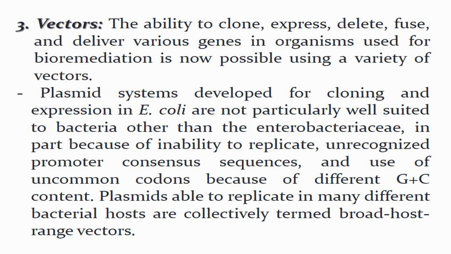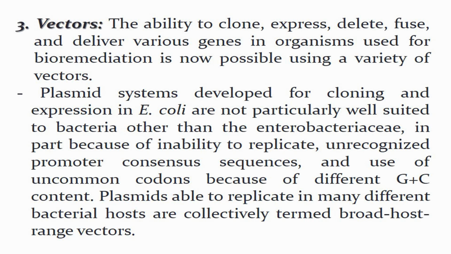You know, a vector is a means of gene transfer within different microorganisms. In such a case, the plasmid systems developed for cloning and expression inside E. coli are not particularly well suited to bacteria other than the Enterobacteriaceae.